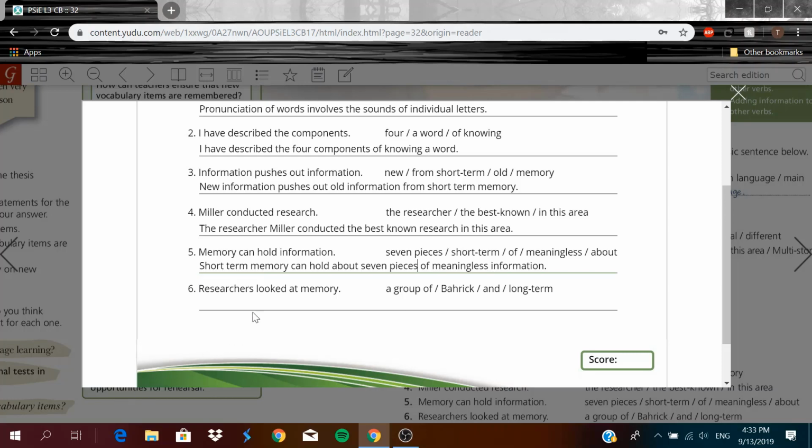All right, and finally we have number 6. Researchers looked at memory, a group of baric and long term. So we'll say baric, right, and a group of researchers looked at long-term memory.